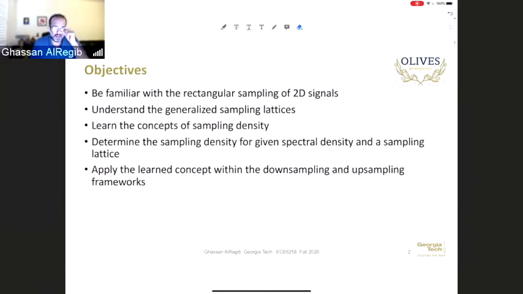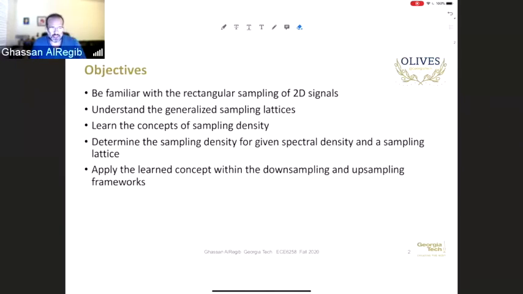And then the overall plan is really to understand how we can apply these concepts when we have a downsampling or upsampling framework. And once we have upsampling, then that will lead us to the interpolation framework that we briefly mentioned in the last lecture.